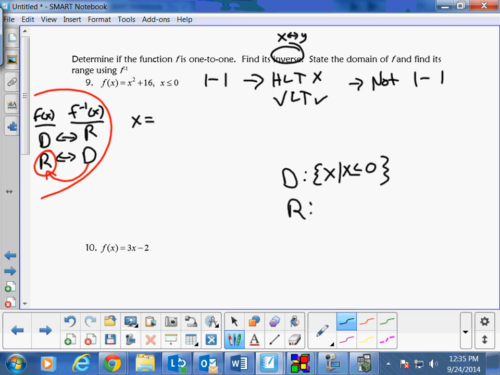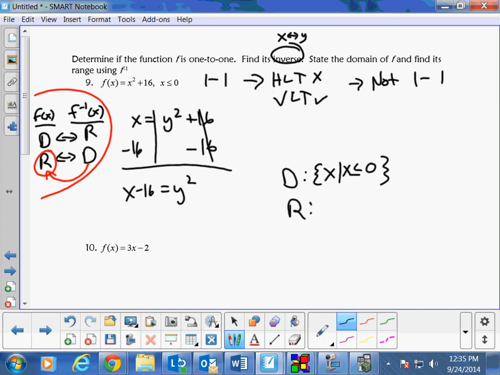Now I'll switch x's and y's, so I'll have y squared plus 16. To solve for y, I'm going to do my step process, minus 16. x minus 16 is equal to y squared. From there, I'll take the square root of it. y is equal to the square root of x minus 16, which means that in this one, the domain on this is right.